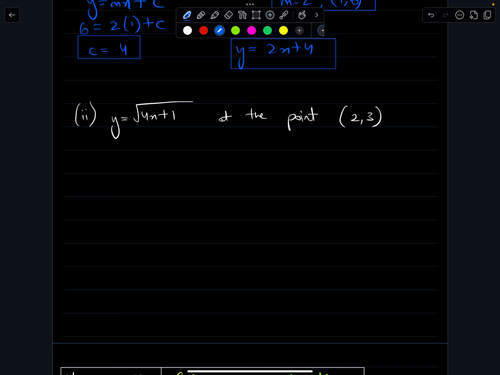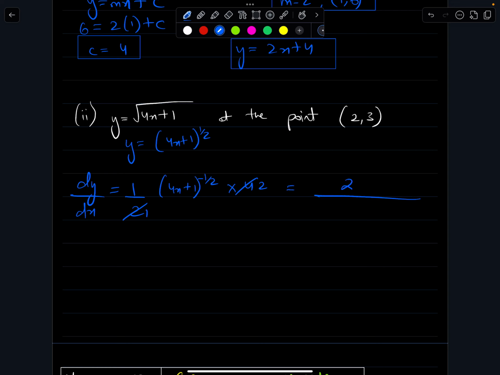So now, the second example, we'll start by rewriting this as 4x plus 1 to the whole power of half. dy by dx in this case is: bring the power down, reduce the power by 1, and the differential of the bracket is 4. So, simplifying this would give us 2 over the square root of 4x plus 1.